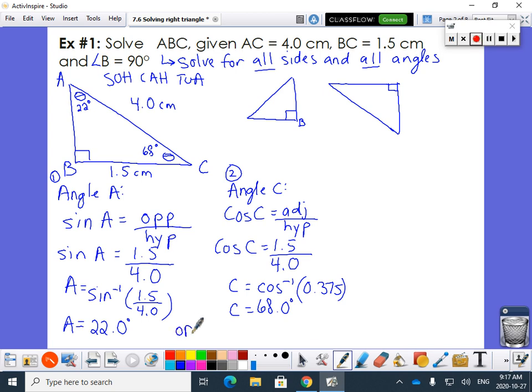Okay, so if you wanted to get angle C, you could have also done the sum of the interior angles of the triangle is 180, minus, we already got 22 over here for angle A, minus 90, because we already have that, and you would have gotten 68. So I know you're probably thinking, why didn't we just do that? But I just want to show you both ways. Okay? It's almost like a shortcut that way.